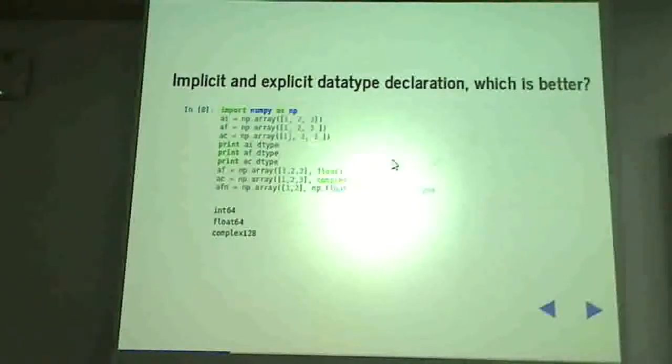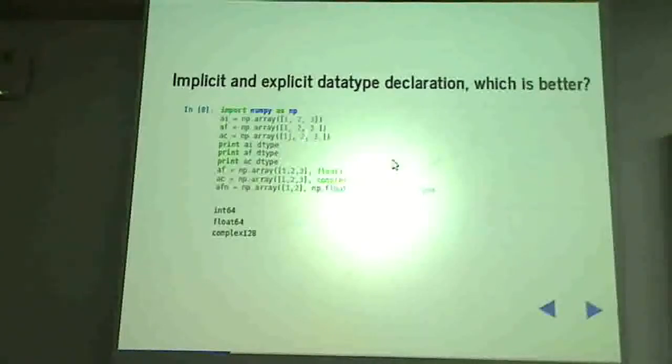In the third case, I put 1j over here, which is a complex number. It realized that there is one complex number in this list, so probably I am dealing with complex numbers here, so it up converts all of them to complex numbers. This will become 2 plus 0j and 3 plus 0j and so on.